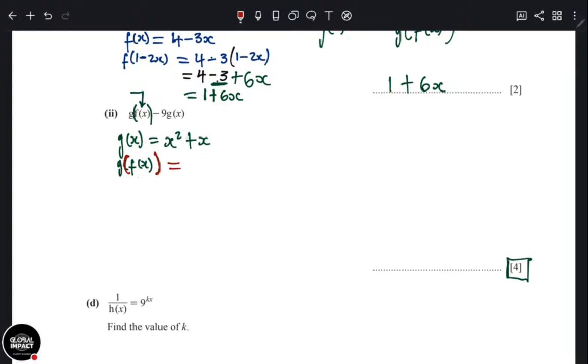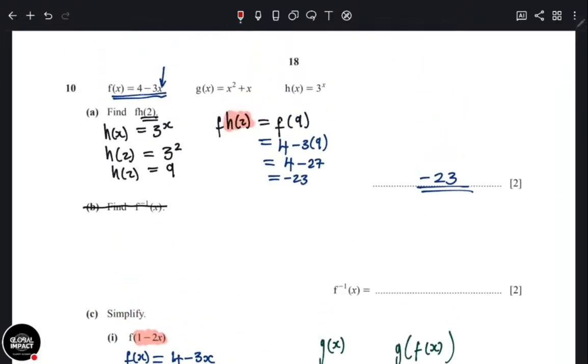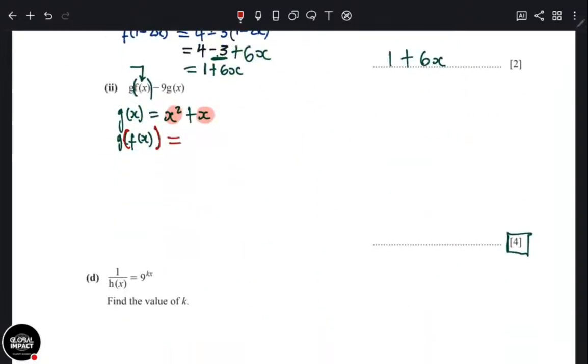What is this going to be? Wherever there is x, class, we are now putting f of x wherever there was x. So what is our f of x? 4 minus 3x. We are putting 4 minus 3x wherever there was x. If you want, you can even say we are getting g of 4 minus 3x, because f of x is 4 minus 3x.